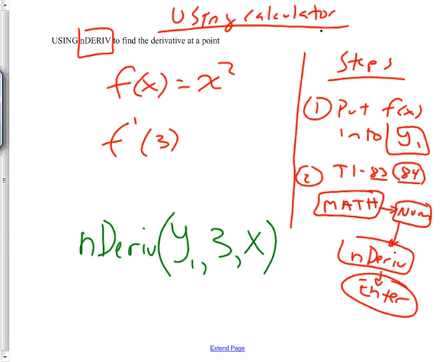I realized I just made a small mistake. The order was wrong. As soon as I said it, I was like, oh, that's not right. So we're using this derivative function on the calculator, and we're taking the derivative of whatever function we've placed in y1. You're always going to have this x, saying that x is our variable.